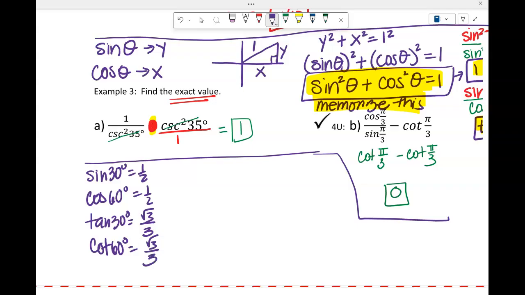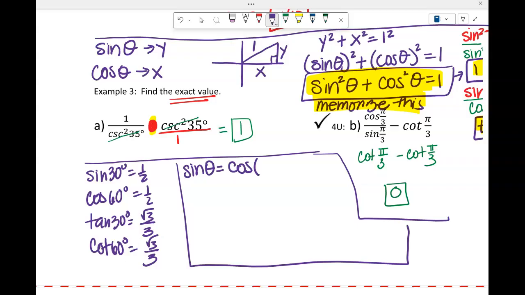So what I want you to understand is this pattern. If you have sine of an angle, whatever that angle is, in this case let's pretend it's 30, it is going to be exactly the same as cosine of 90 minus theta.